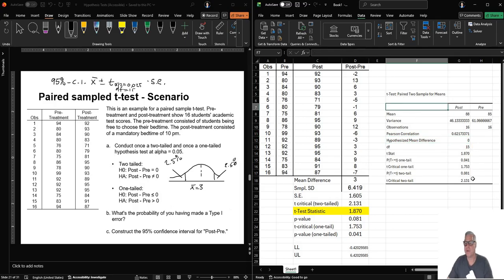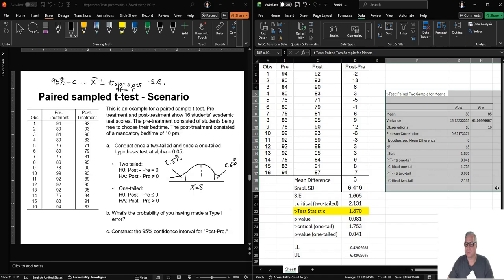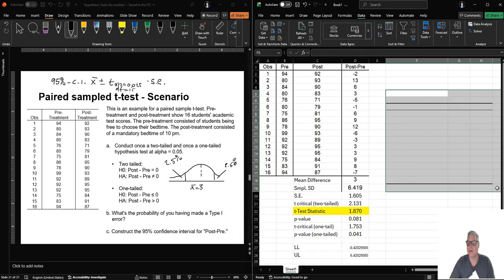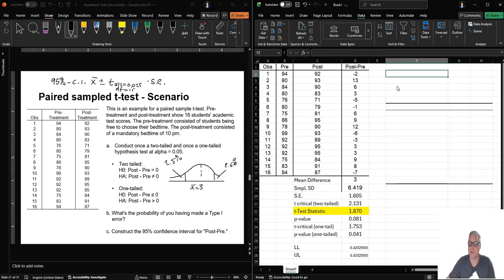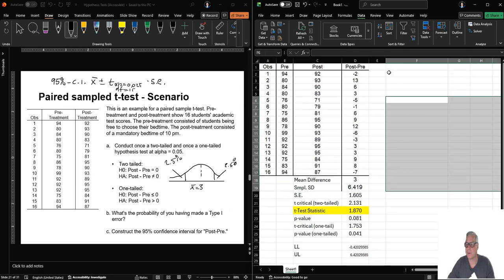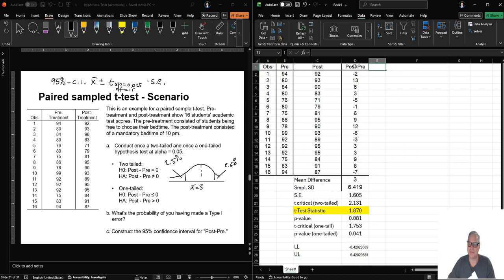And so just for the fun of it, let me delete this one again. What we also could have been doing, we just use the difference between post minus pre, and then I create a fake column where I assume the null is always 0.